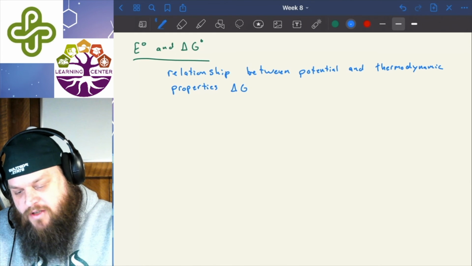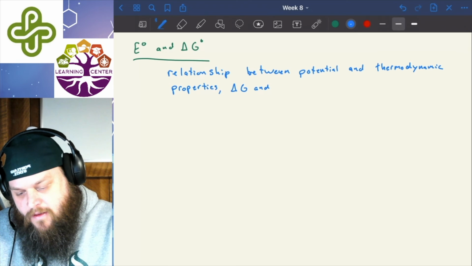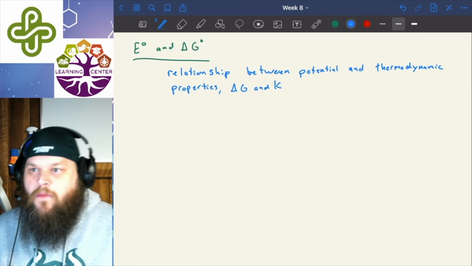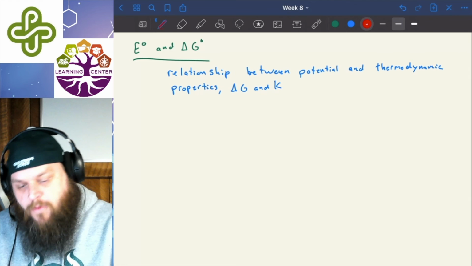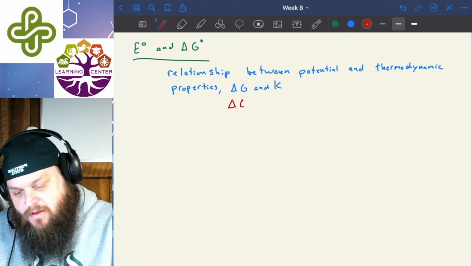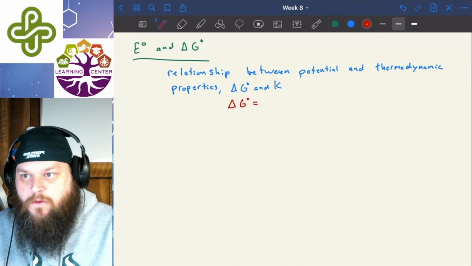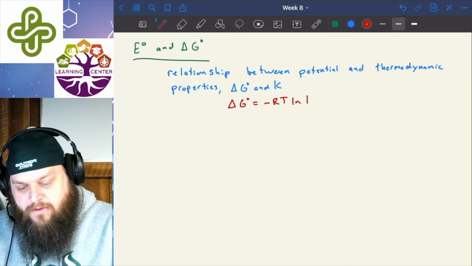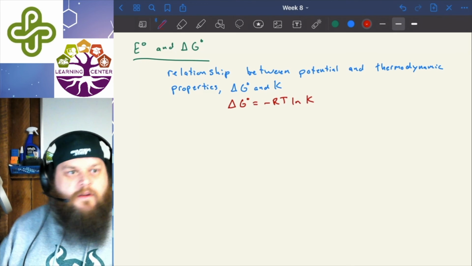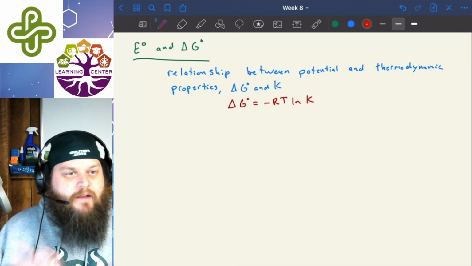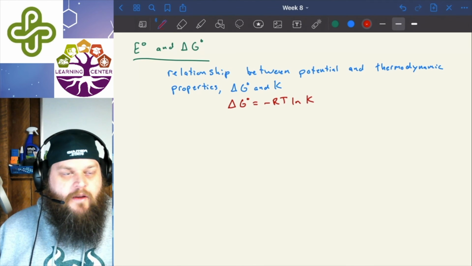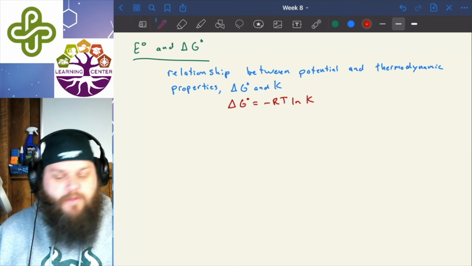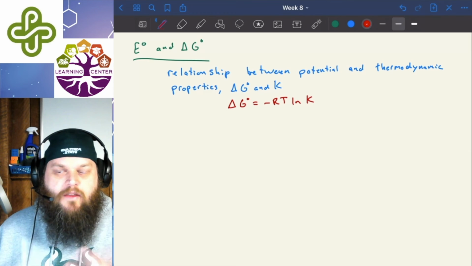Which we had delta G, and we also defined a K. And we had a relationship for delta G, an equation, where delta G was equal to, we said, the negative of the gas constant times the temperature times the natural log of K. That was what we were talking about before when we had that delta G to K relationship. We could also calculate it based off of the enthalpy and entropy, but in this case we're talking specifically about the thermodynamic property K.